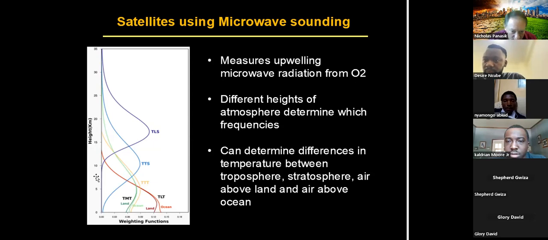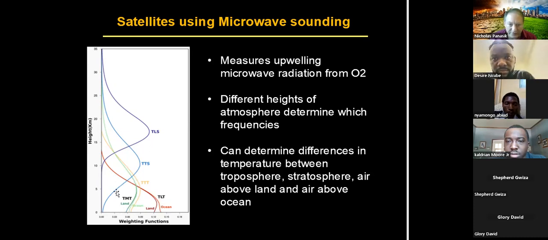And so in this graph I'm showing here, the y-axis is the height in kilometers above the ground, going from 0 all the way up to 30 kilometers.